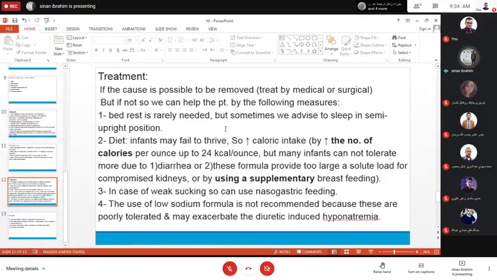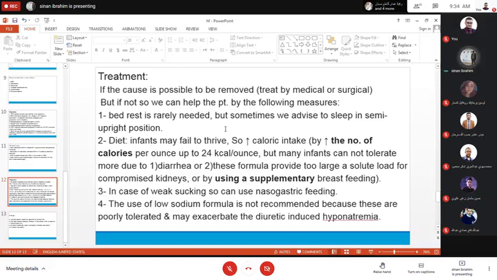What about the treatment? Usually we treat the cause. If the possible cause can be treated, like large VSD, we do surgery for the patient so the failure will improve. But if we cannot do surgery for whatever reason, we can give medical treatment and do supportive measures.